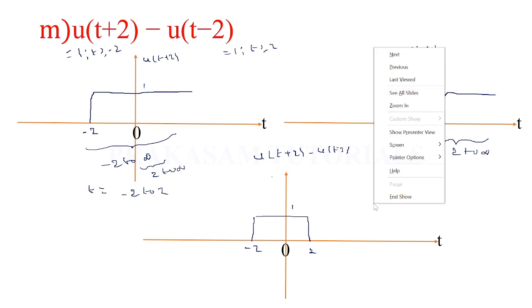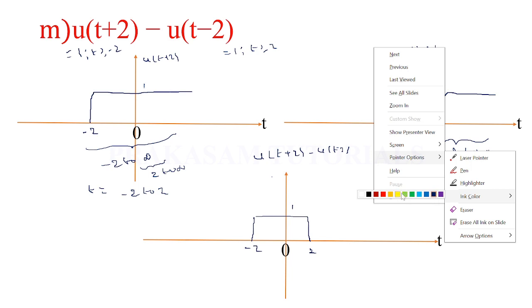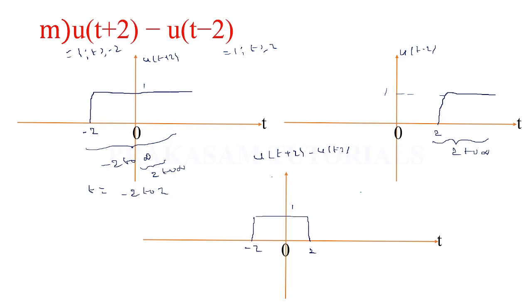Once again I will explain in another way. This is the graphical representation of u of t plus 2, and this is the graphical representation of u of t minus 2.